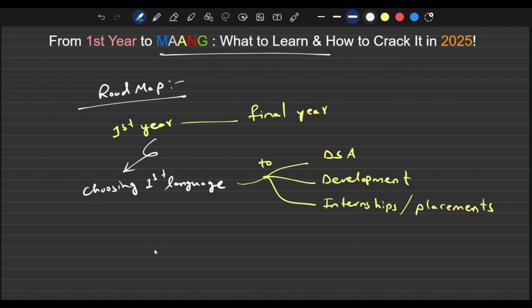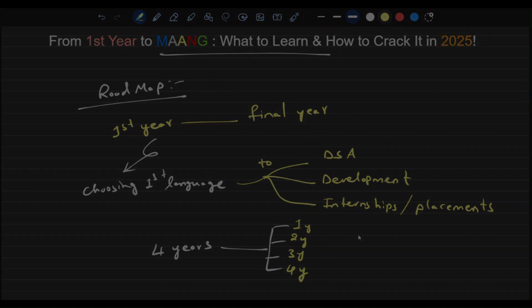I have divided the 4 years of B.Tech into 4 segments: first year, second year, third year, and fourth year, which I am going to discuss individually. So without any further delay, let's jump into the topic.